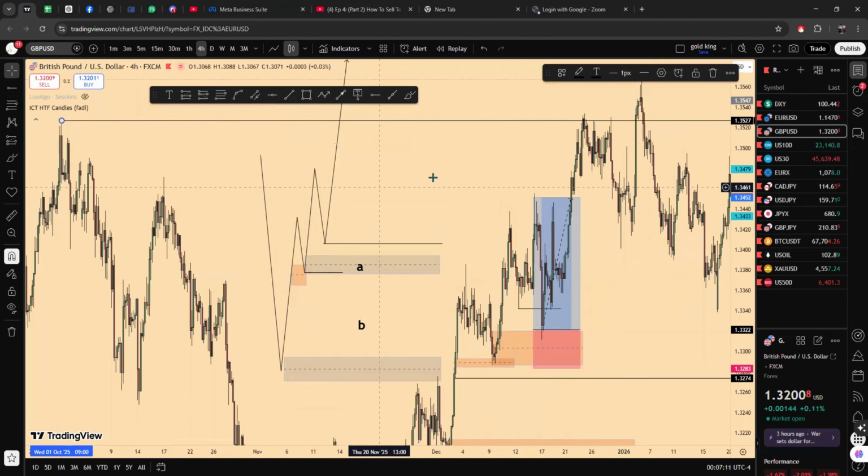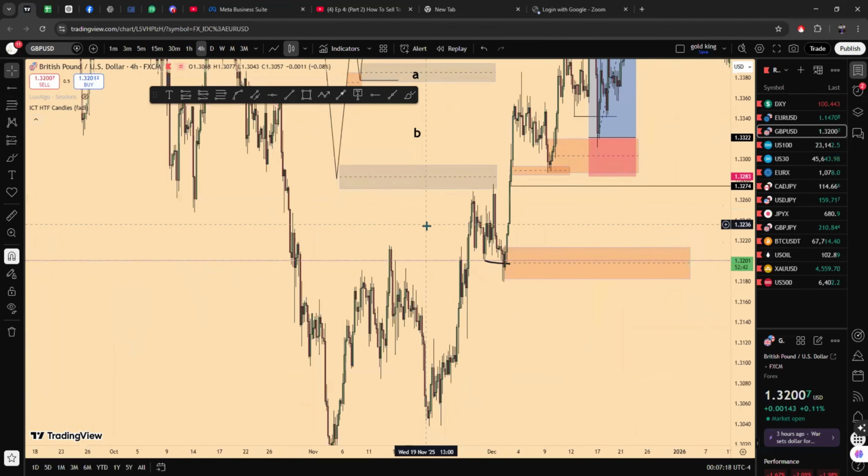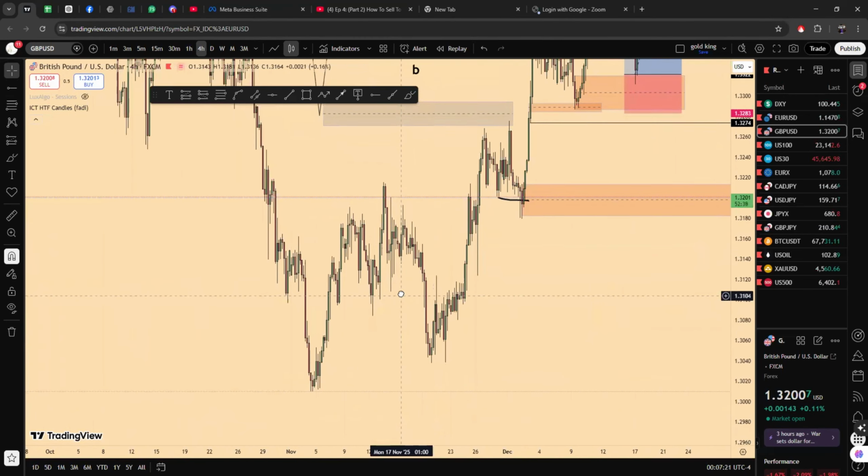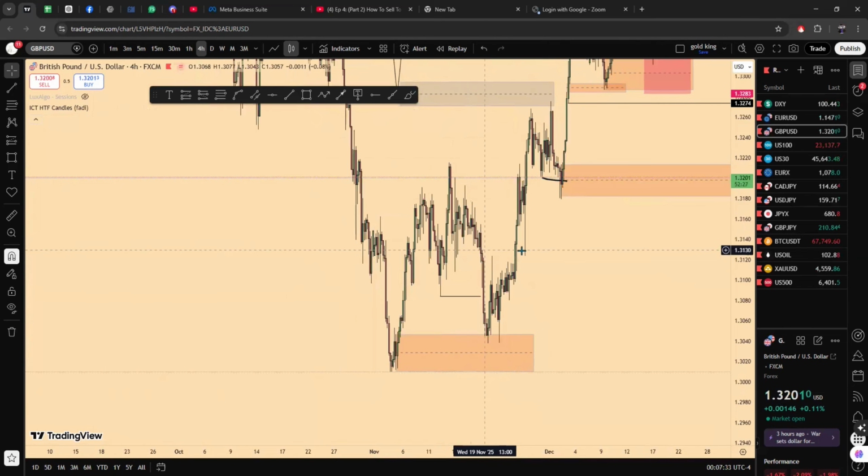Also take note that all these kinds of trades are based on your higher time frame liquidity. Now, let's look at this one. We have a point of interest here, which is our other block, and I want to think that this inducement is a little bit far away from it.